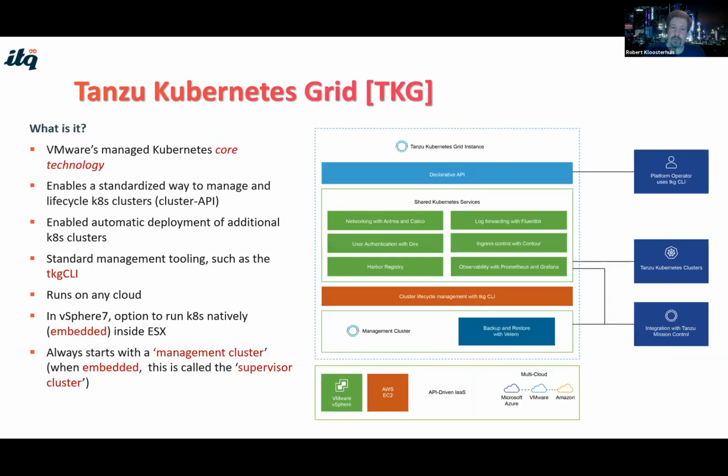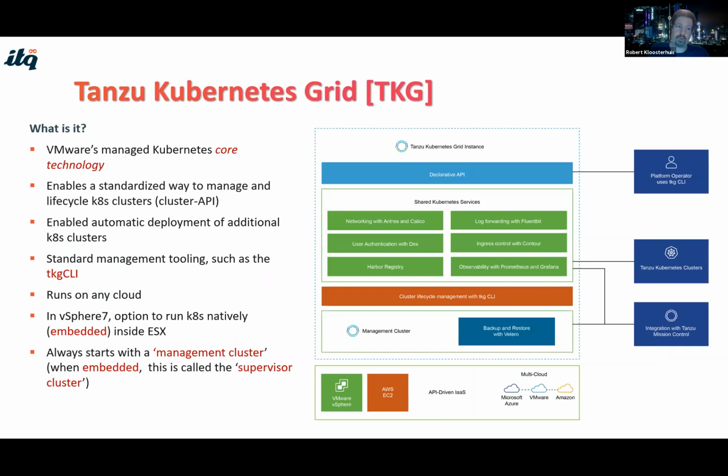So Tanzu Kubernetes Grid is the core group of technologies that VMware has put together to do a managed Kubernetes, to be able to deploy Kubernetes clusters and all the stuff you need around the clusters, and also to lifecycle those clusters. So you can update the version of Kubernetes, you can update the different technologies that are part of a Kubernetes stack.